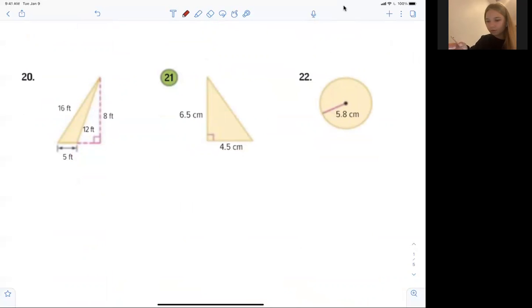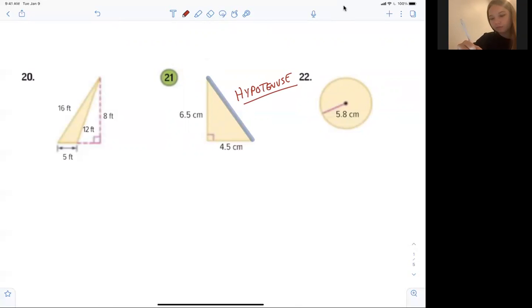Why do I have problems with 21? We don't know what the other side is. And what's that other side called, James? You do know. What is this side called? Someone else help him. Starts with an H, you're right. It is considered the hypotenuse.